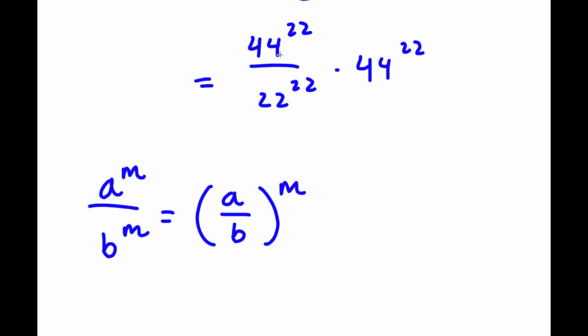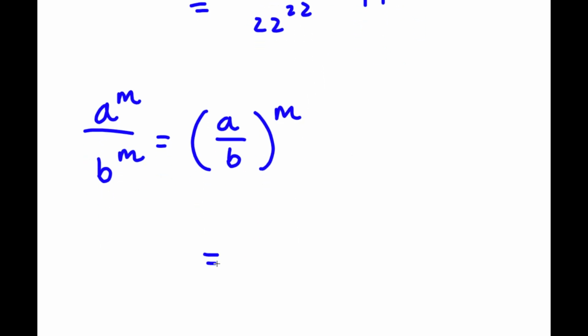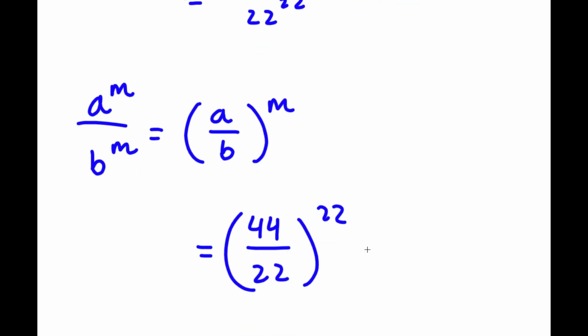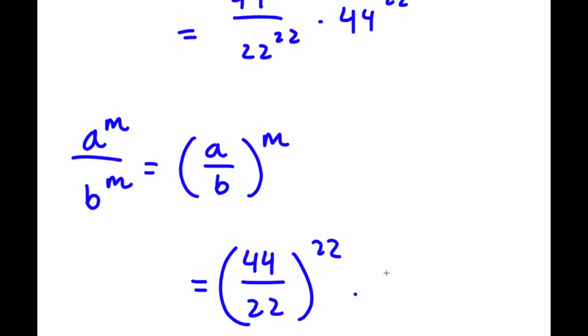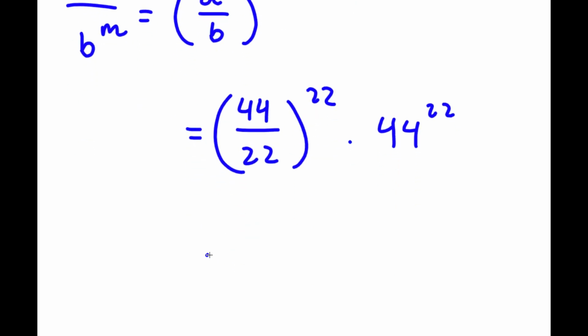So in this case, 44 to the power of 22 over 22 to the power of 22, that's going to equal 44 over 22 to the power of 22. And now I have this times 44 to the power of 22. Now 44 over 22, that's simply equal to 2. So now I have 2 to the power of 22 times 44 to the power of 22.